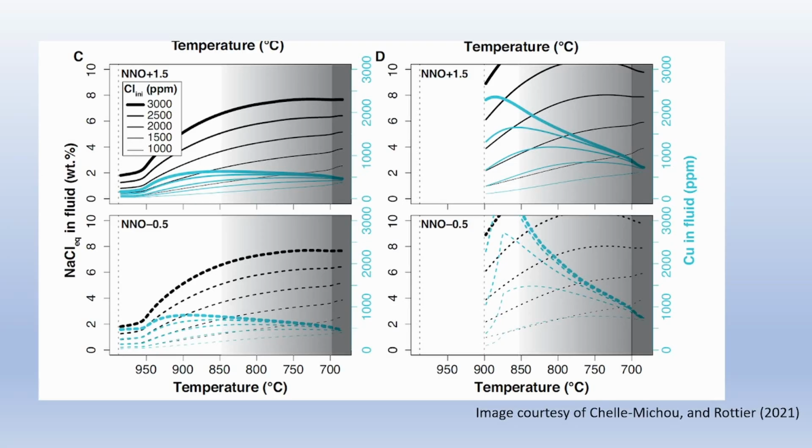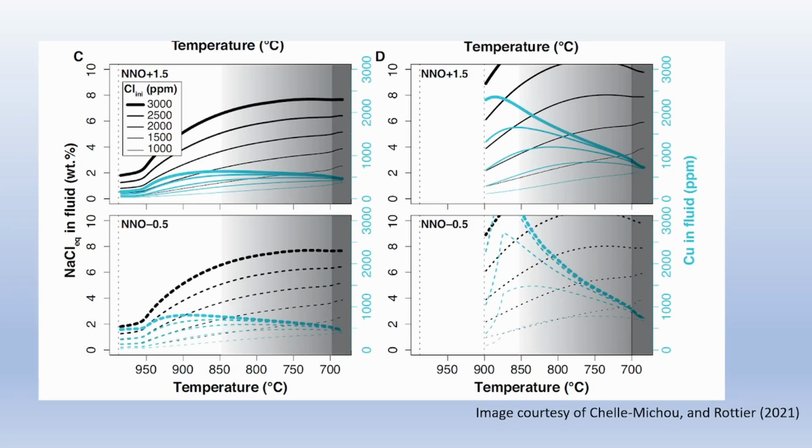You can think of it like this. Chlorine is a carrier, and oxidation state determines how much copper it can carry. When we have a reduced, chlorine-rich fluid, it's a perfect combo for copper-rich fluids. So what's the takeaway?